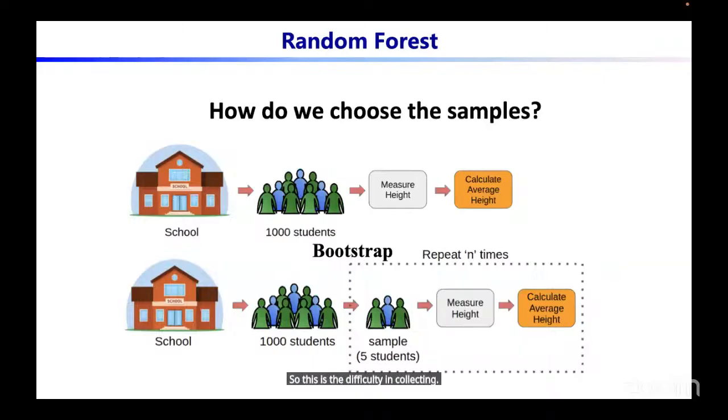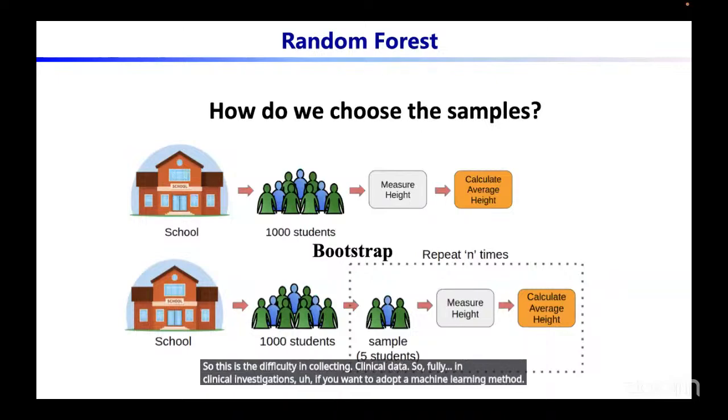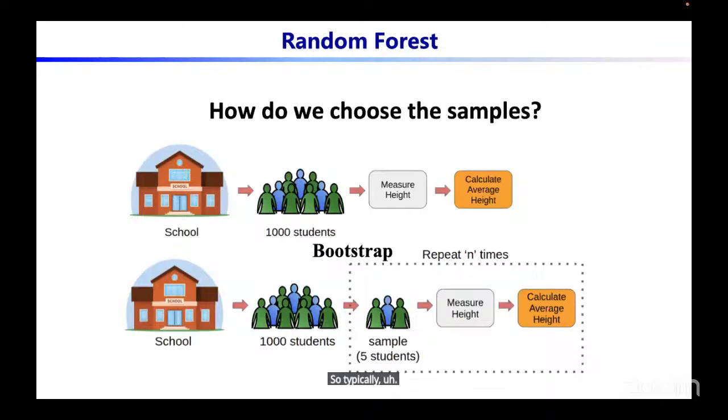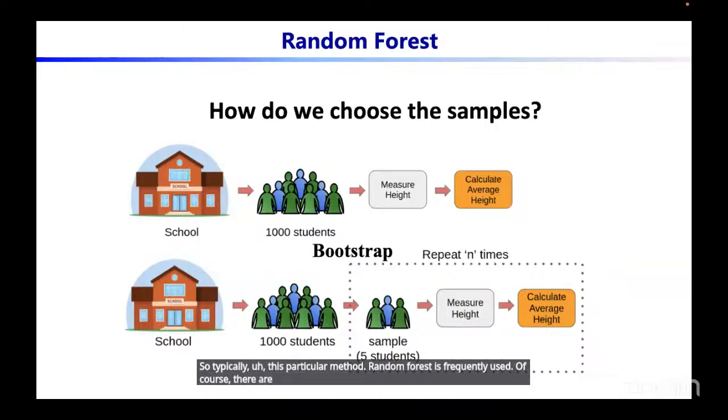So frequently in clinical investigations, if you want to adopt a machine learning method, typically this particular method, random forest, is frequently used. Of course, there are some other methods that are also popularly used. This is not the only method, but it is a more frequently used method.